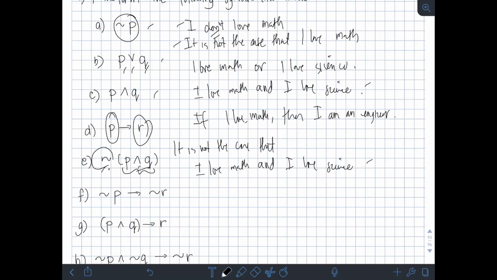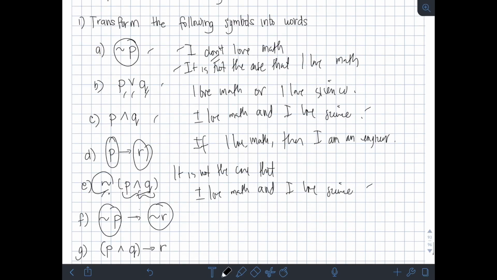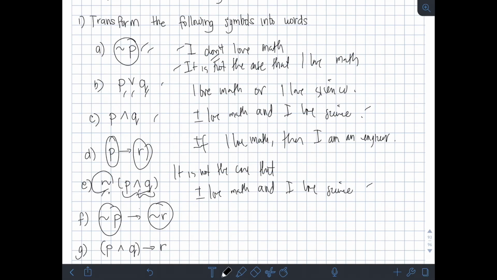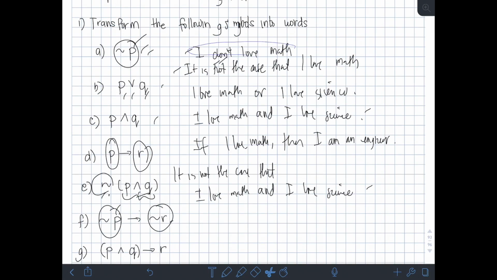Okay? Next. So, this time, not P, then not R. So, kailangan nating i-negate yung P, and then i-if then din natin sa negation din ng R. So, lalagyan lang natin ng not or don't itong statement P. So, diba meron na tayo kanina nun? Ito, yung I don't love math. So, copy ko na lang. I don't love math. So, dahil if then tayo, lalagyan natin muna ng if.